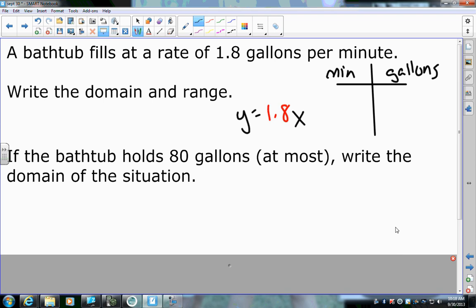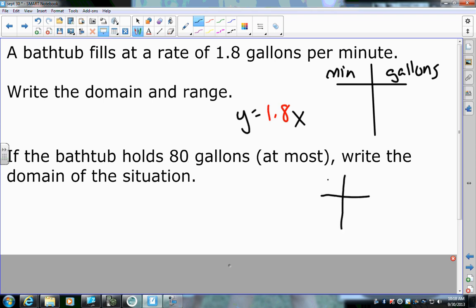First thing we want to talk about is, is this continuous or is it discrete? It should be continuous because if the bathtub holds up to 80 gallons, when I fill it up, it gradually keeps adding more and more water. So it's got to go through every decimal.